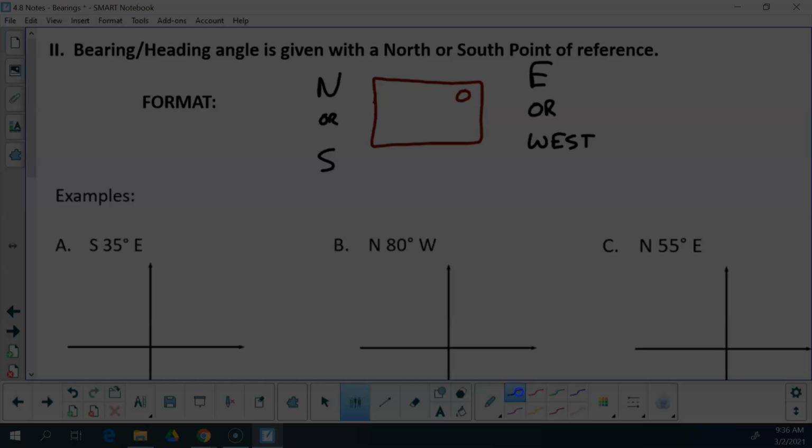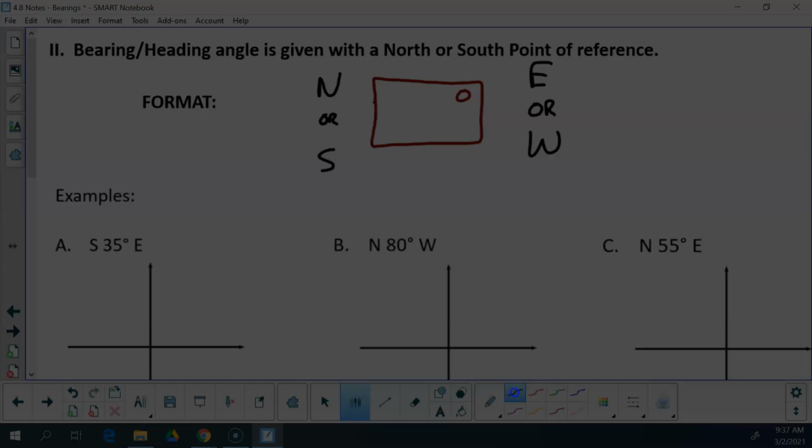I shouldn't spell it out there, I should just put the letters. If your angle is angling up in some fashion, you would start with an N. If your angle is angling down in some fashion, you would start with an S.